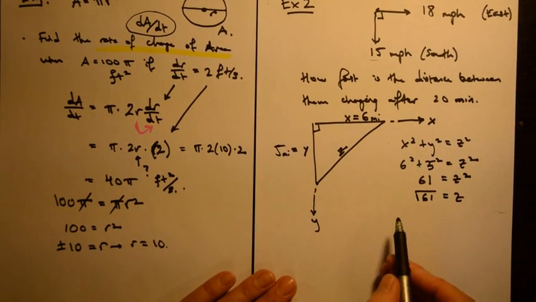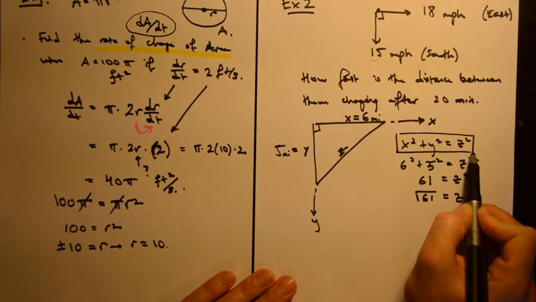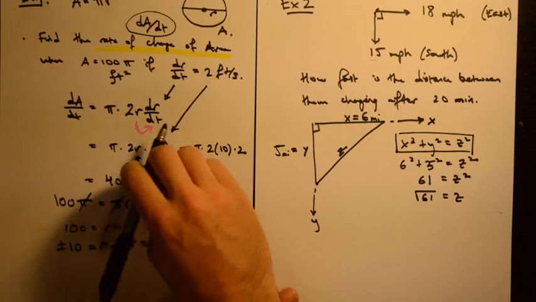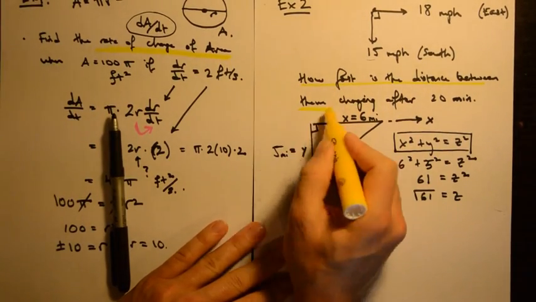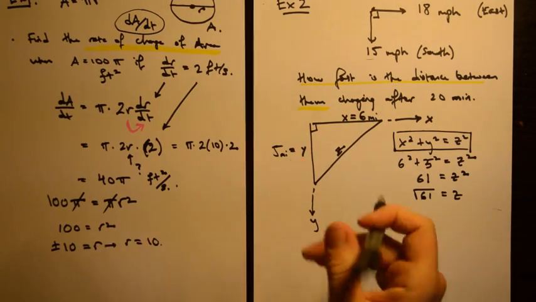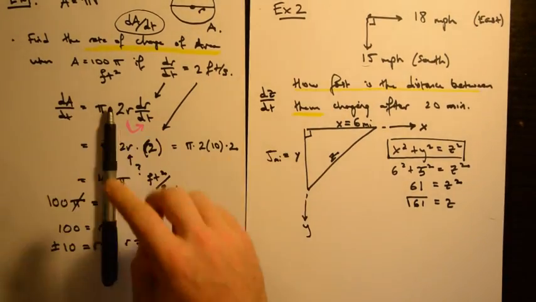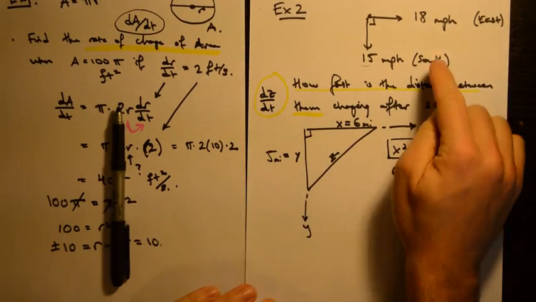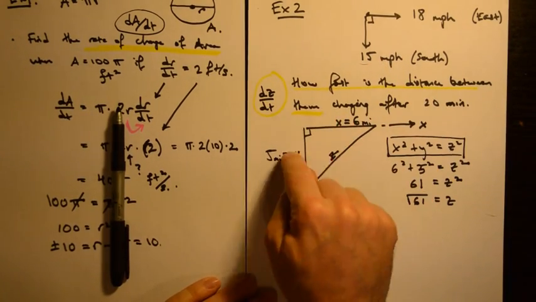Okay. So now we're going to come back to this equation right here, and in order to find how fast the distance between them is changing, if you try to identify what you're looking for, how fast the distance between them is changing, that quantity would be dz/dt. Okay, so this is the quantity that we want. And we know dx/dt and dy/dt, and we know x, y, and z.